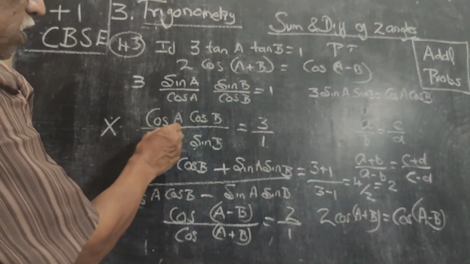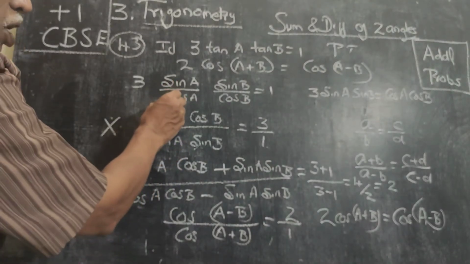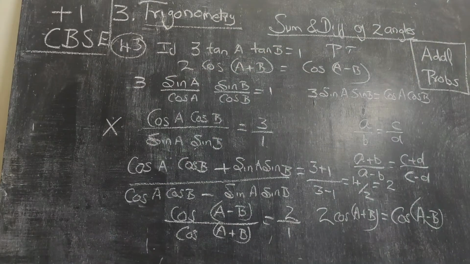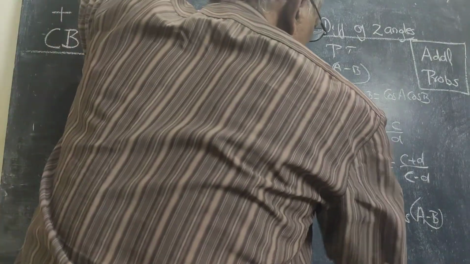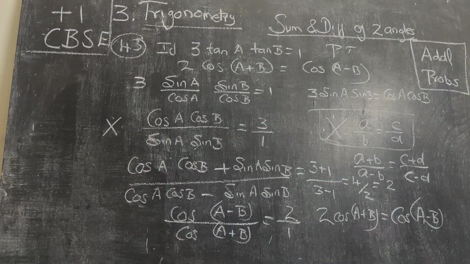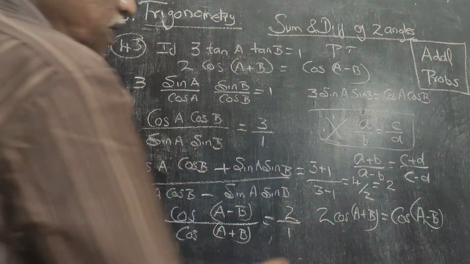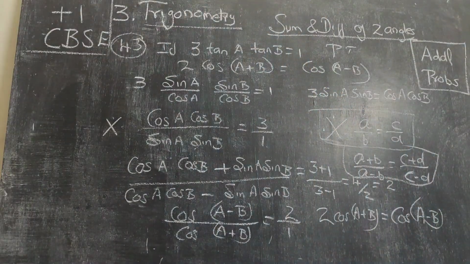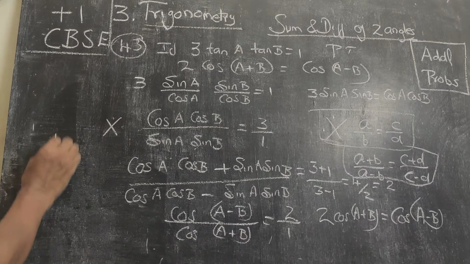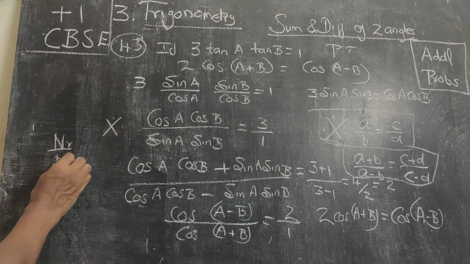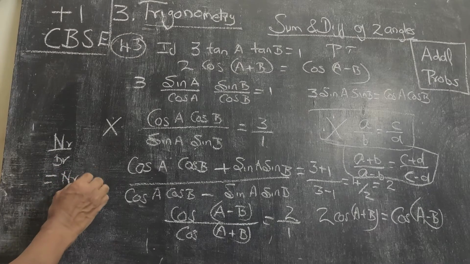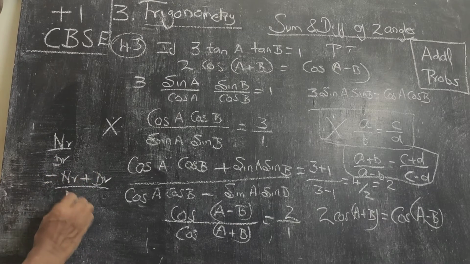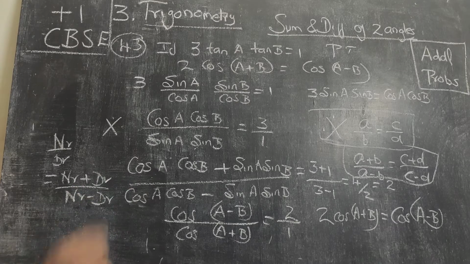So very easily we can solve the problem by cross multiplying and then getting cos A cos B by sin A sin B equal to 3 by 1. And then this is very important: the componendo dividendo method. If A by B equal to C by D, then A plus B by A minus B is equal to C plus D divided by C minus D. That is, in short, numerator by denominator can be said as equal to numerator plus denominator divided by numerator minus denominator.